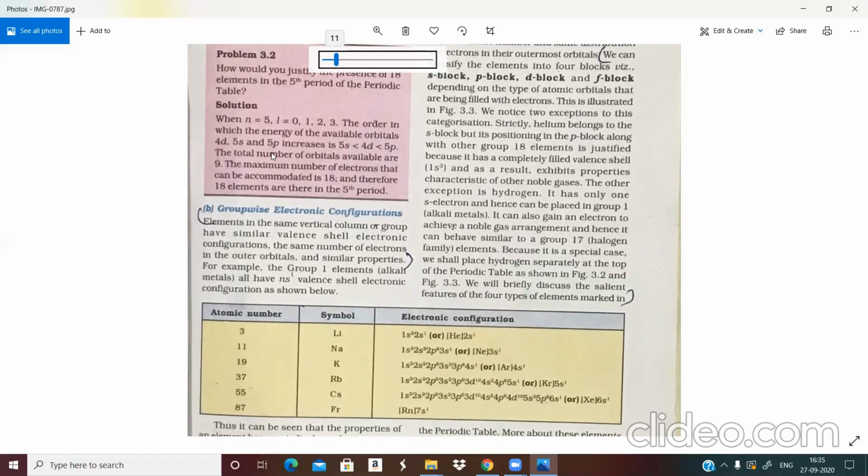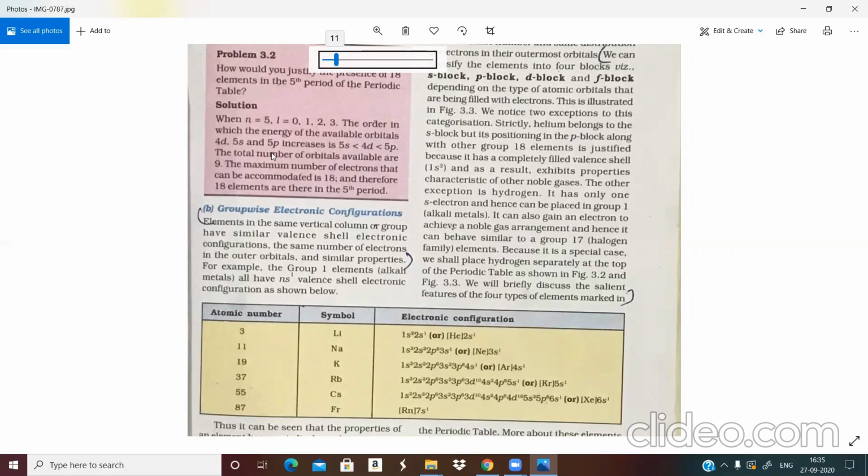And when we take the next element, potassium, again 1s2, 2s2, 2p6, 3s2, 3p6, 4s1. So we can see that all these elements have similar electronic configuration with one electron in the s suborbital of the outermost shell.